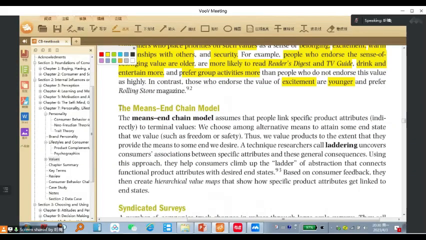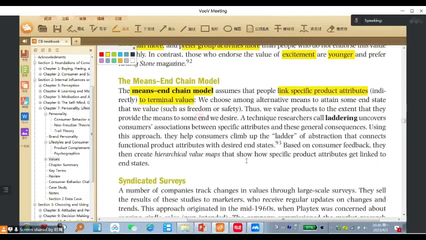Another approach, like the means-end chain model, links specific product attributes to terminal values. And there is a technique, laddering, which uncovers consumers' associations between specific attributes and these general consequences.